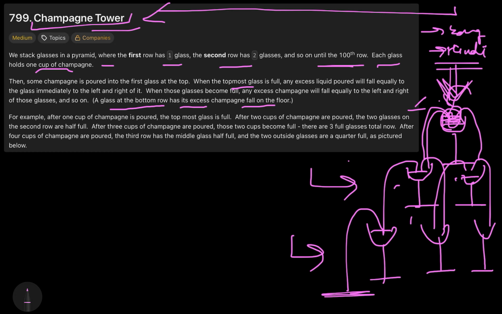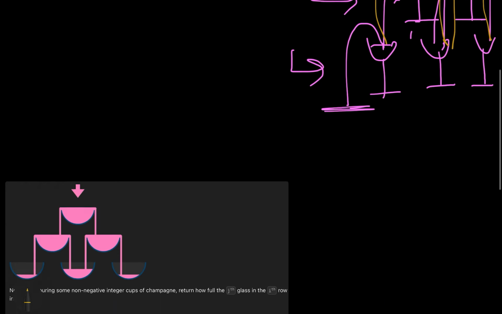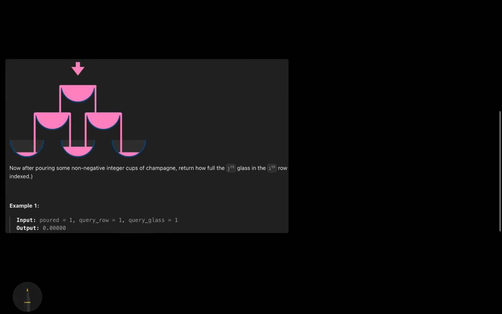All the champagne will be poured into this glass only, and subsequently it will fall on the bottom glasses. Let's see this one. Here we are pouring the champagne from this glass.